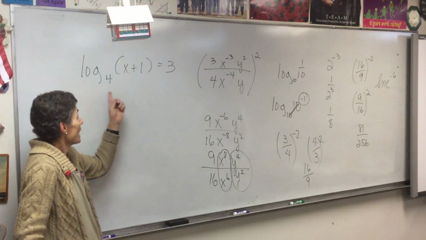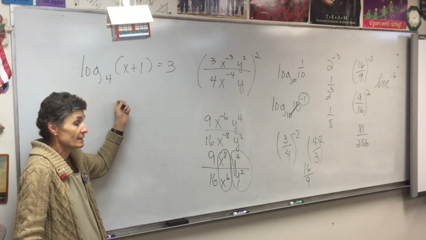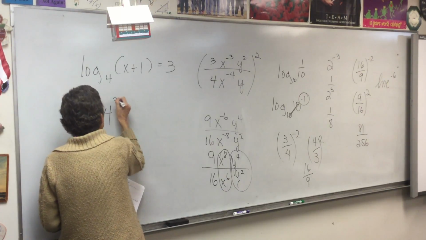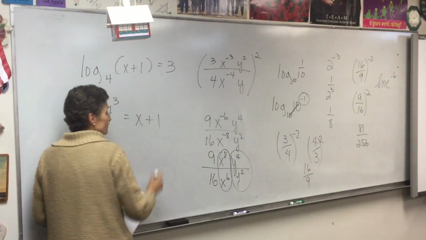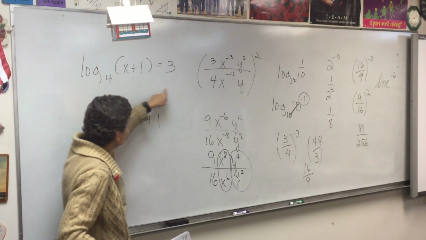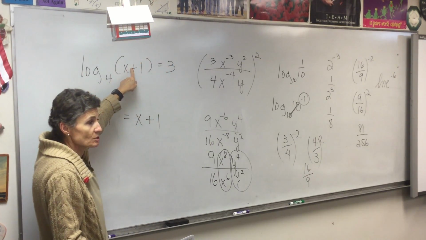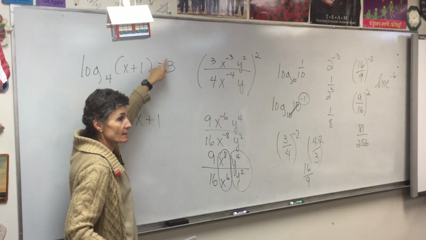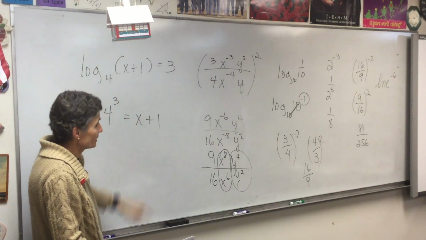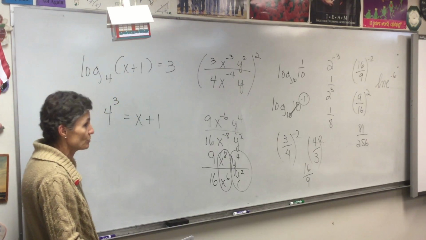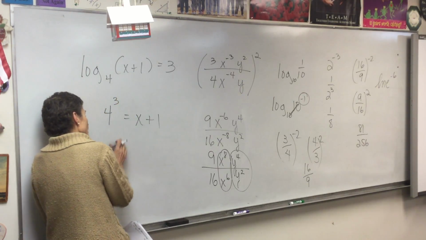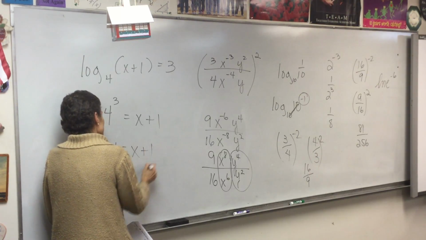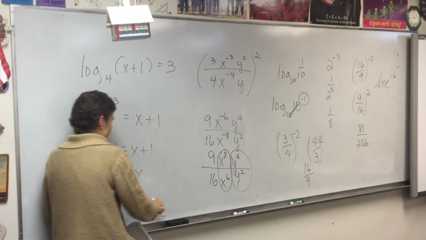Who remembers how to do a problem like this? 4 to the third equals x plus 1. You have done that a ton. Whatever you want to call it, that's what you do. So what's 4 to the third? 64. Good, 64. So the answer to the problem is 63.